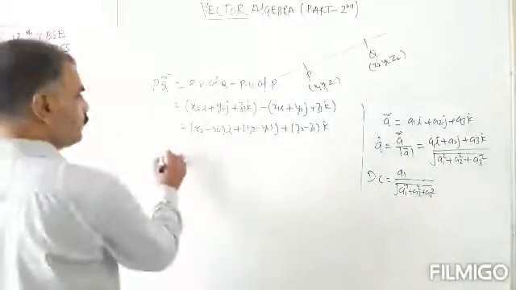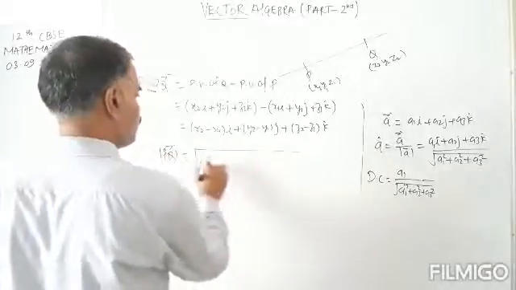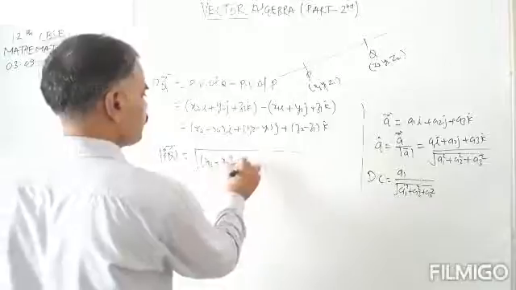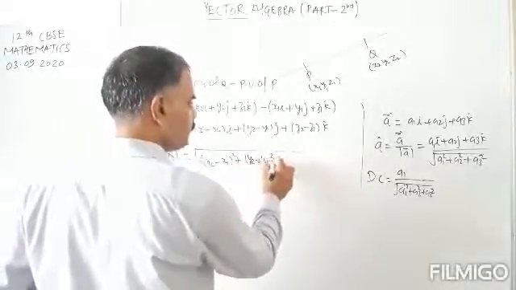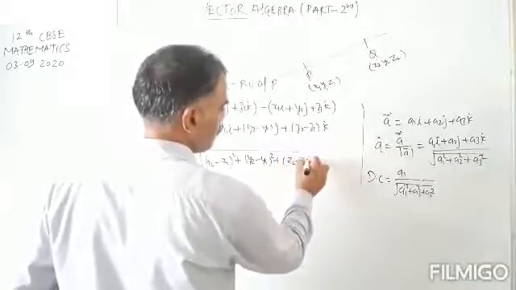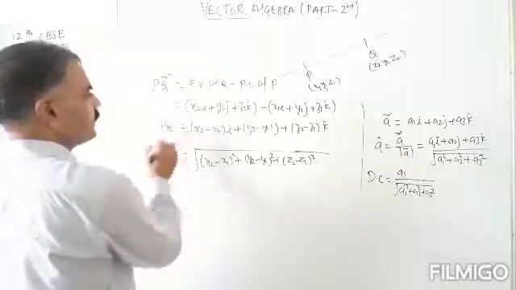So the magnitude of PQ vector is equal to under root of (x2 minus x1) square plus (y2 minus y1) square plus (z2 minus z1) square. This is the magnitude and this is the PQ vector.